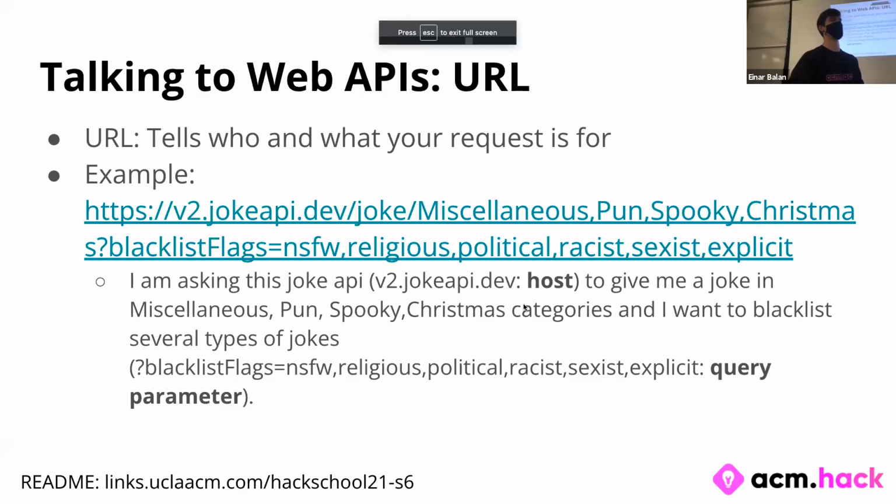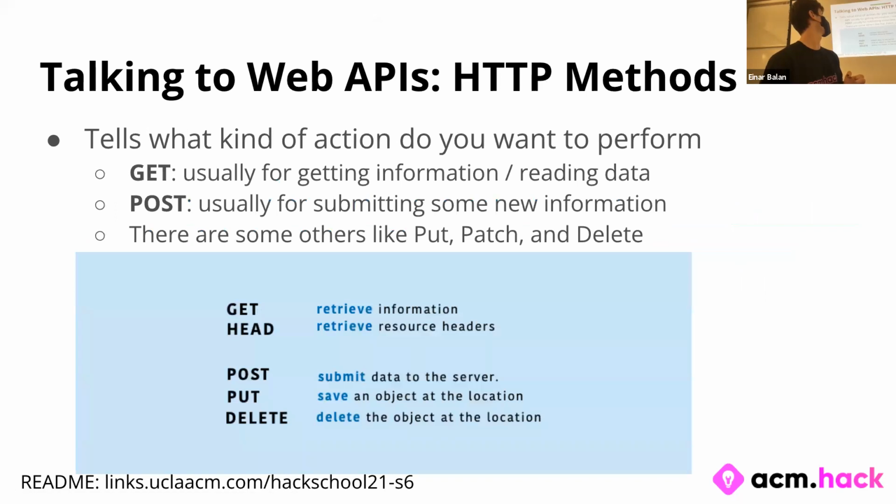So that's the URL. Another name for that is our endpoint, but we don't need to talk about that too much. We can use either a GET request or a POST request. There are also other ways of interacting with these APIs, but in our case, we're just going to be using a GET request, which basically means we're getting some data from the server. That's all you need to know.